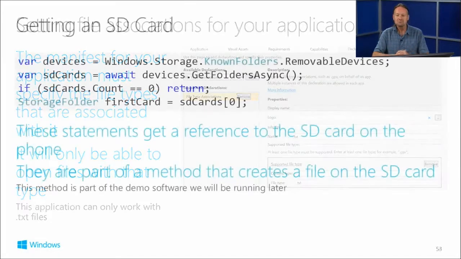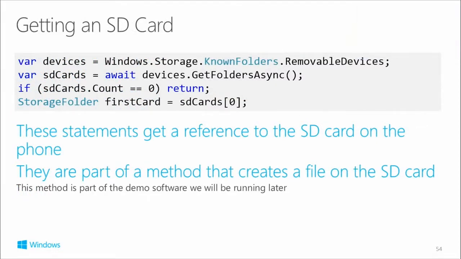So getting the SD card, we actually kind of saw that in the IntelliSense of the known folders, where we can take the removable devices and get it into this devices var, and we get that folder, and then we check to see if the SD card.count is 0 or 1.